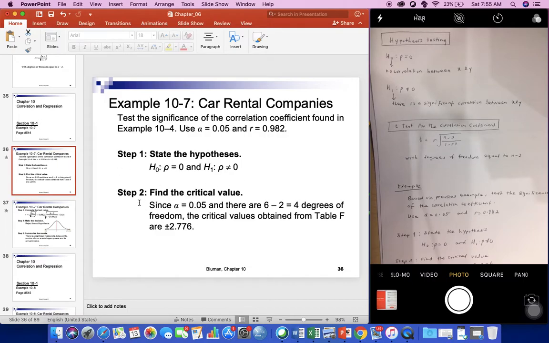The second one is find the critical value. Alpha is equal to 0.05. Degree of freedom is 4.